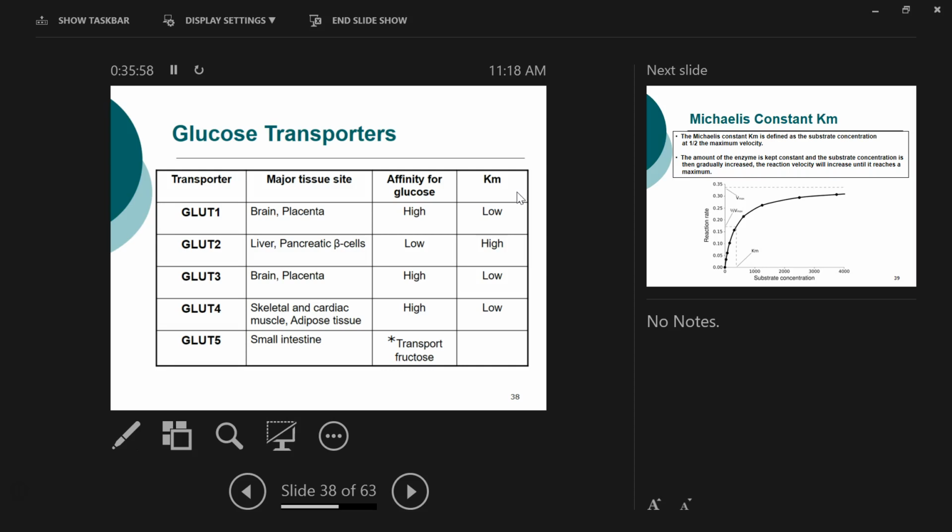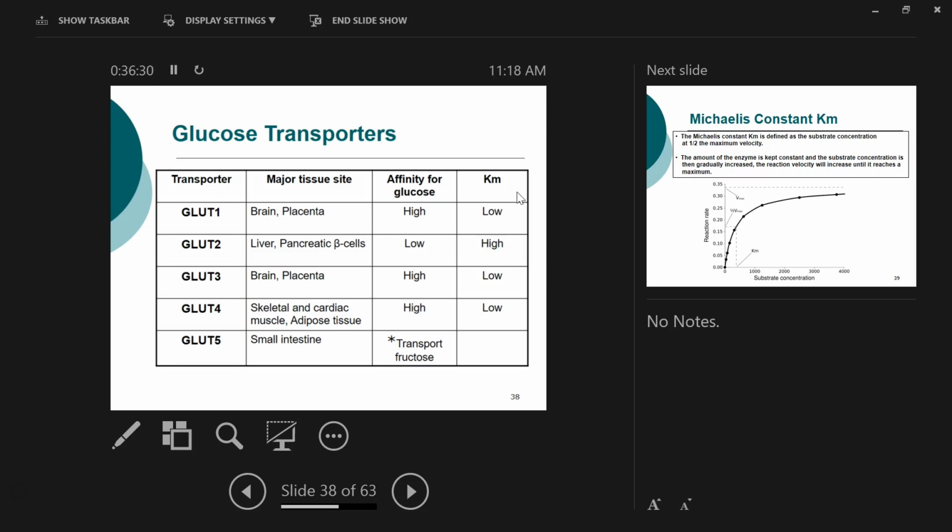The 2 new concepts that I want to introduce here are affinity for glucose and Km. Affinity for glucose means how easily glucose can bind to the transporters and be transported. You will realize that affinity and Km are actually opposite.